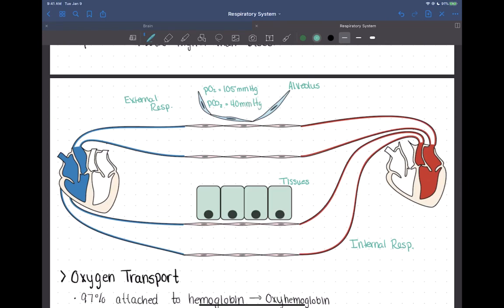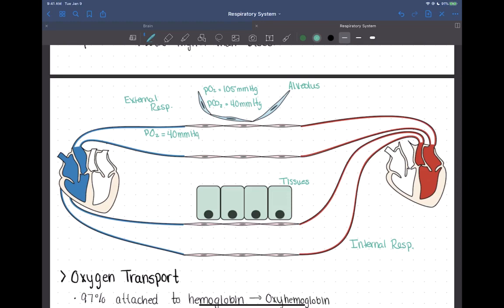Okay, so blood coming from the body that's deoxygenated, it's coming to the lungs to pick up oxygen. Remember, we need a lower PO2 than what we're getting in atmospheric air. So this deoxygenated blood has a partial pressure of oxygen that is about 40 millimeters of mercury.